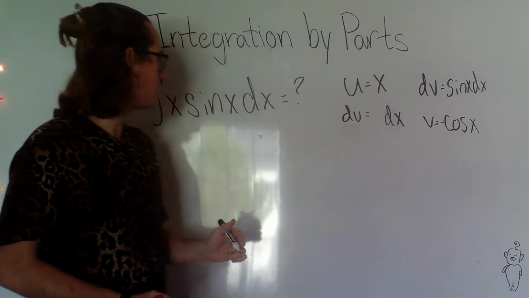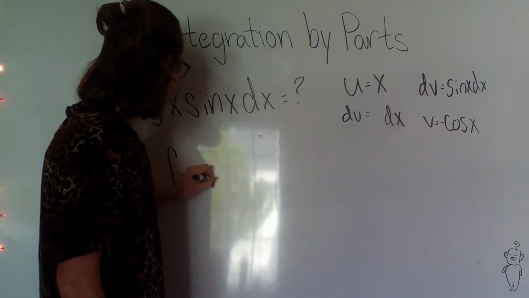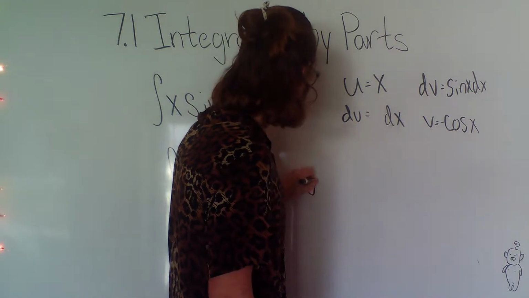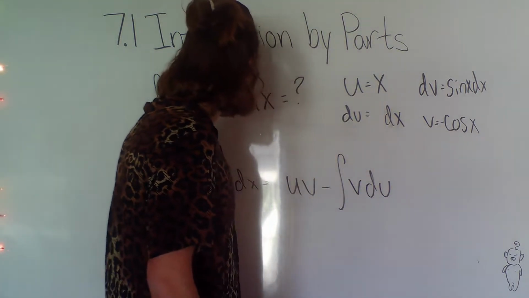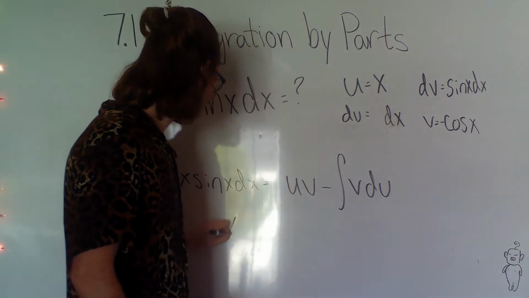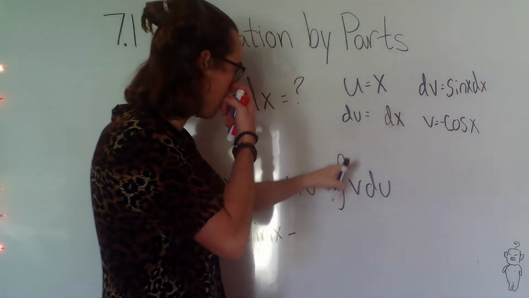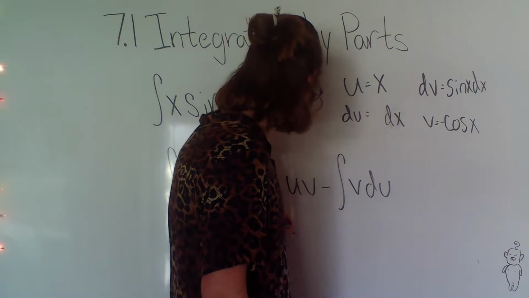Now we've established what our u, du, dv, and v are, so we can just plug it into the formula. The integral of x sine x dx is equal to uv minus the integral of v du. So this is equal to x times negative cosine x minus the integral of negative cosine x dx.